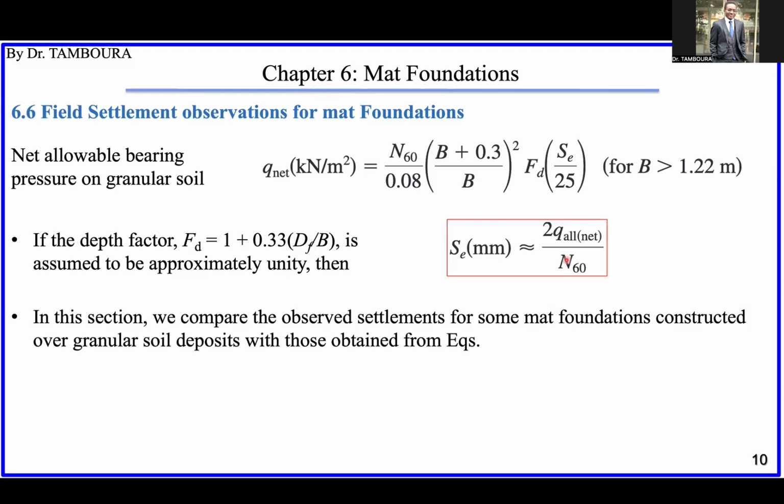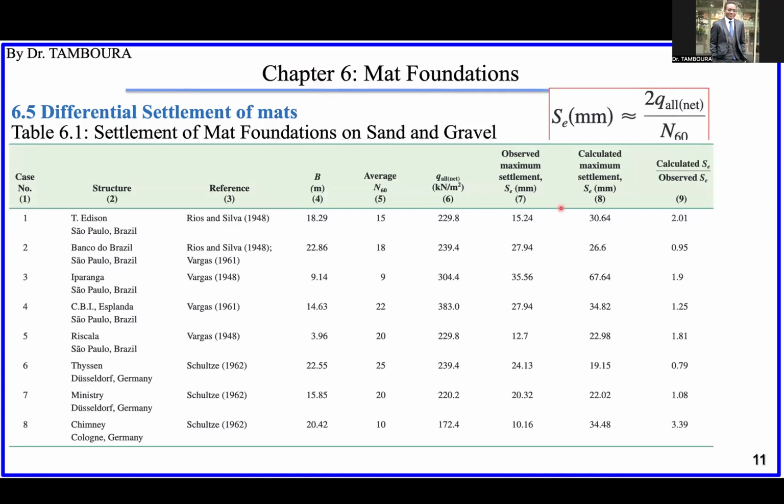Then we will compare the settlement obtained from this equation with the observed settlement in the field. This is the objective of this section. But remember, this equation is only for granular soil deposits. So we have the result here.